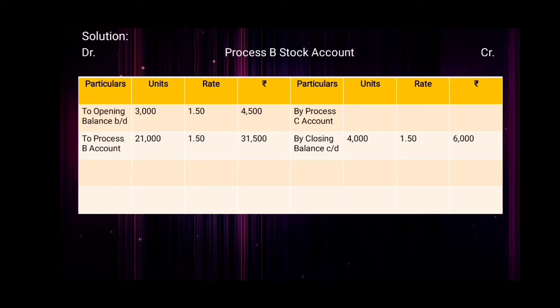So the balancing amount of units will be 20,000 at the rate of 1.50. So the total amount will be 30,000. Now let us take total of both the sides. Unit amount will be 24,000 and the total amount will be 36,000.